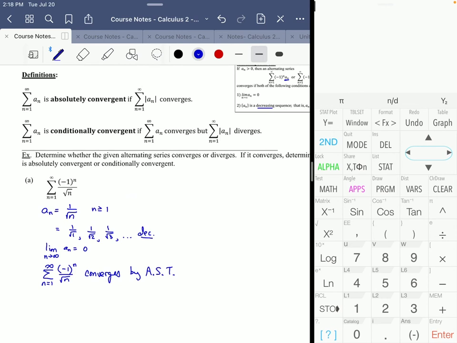For absolute convergence, we're looking at the sum from n equals 1 to infinity. If we find the absolute value, we're just dropping the part that makes it alternating. So this becomes 1 over the square root of n.